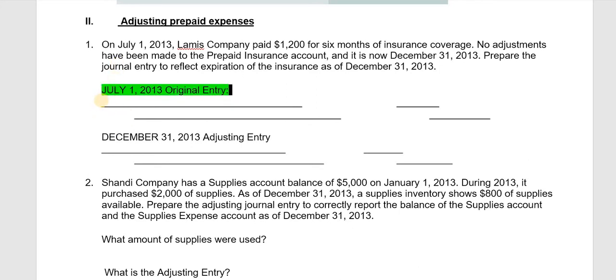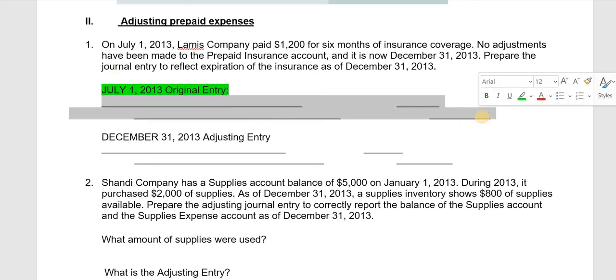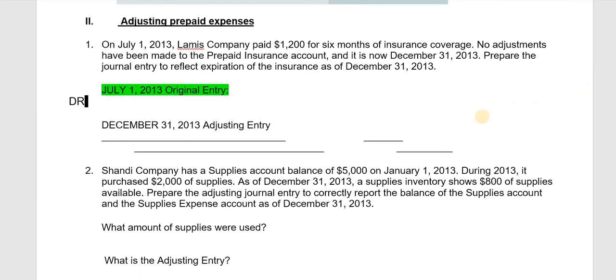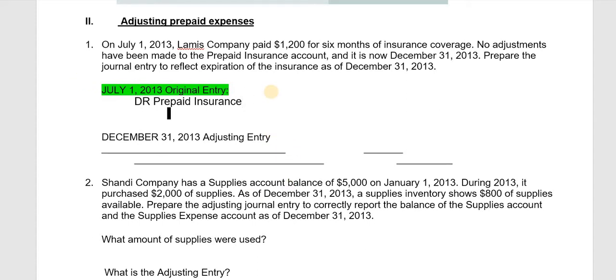We would have set this up with a debit to prepaid insurance, and we would have bought the stuff, so we would have credited cash. They were both for $1,200, I think. So there's our original entry when we did it.